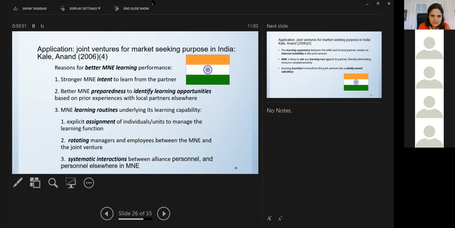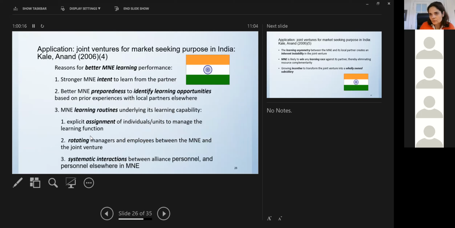So these are found in this article, and there you have what you should do for the learning routines: you should explicitly assign individuals to manage the learning function. And you say, okay, these are the people that evaluate whether we learned from our partners.